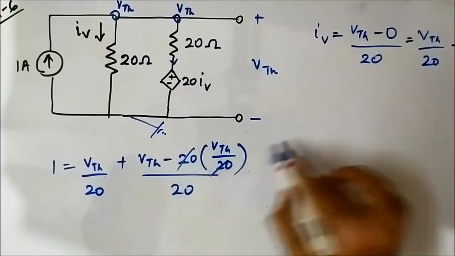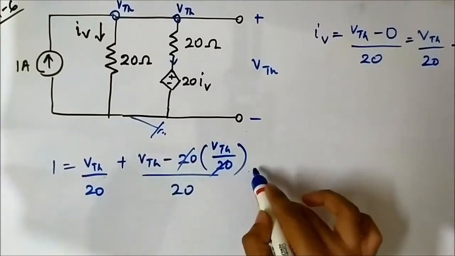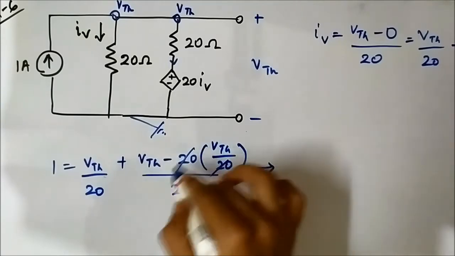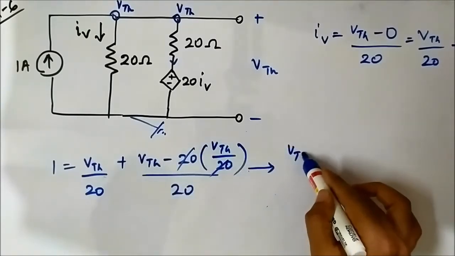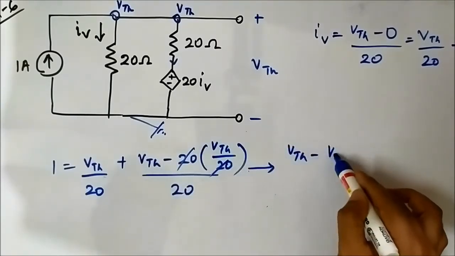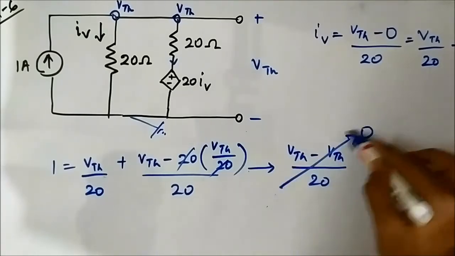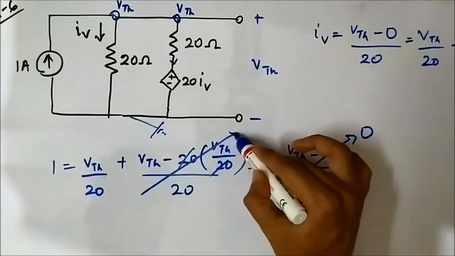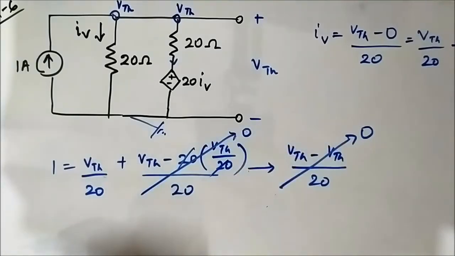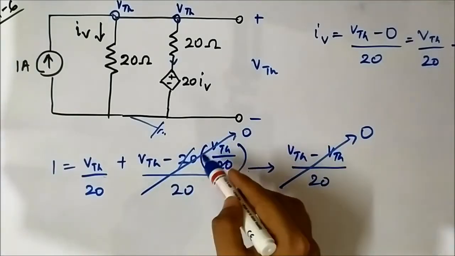I am writing for this equation only, this part VTH minus VTH by 20, which is 0. So this term becomes 0.